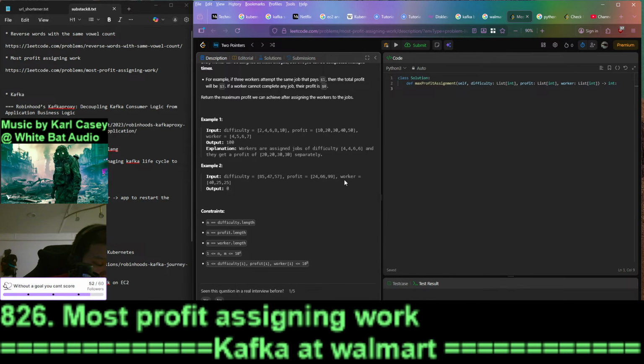We want to find the maximum profit. We could easily loop them to find it, but can we do it in m log n and then log n?